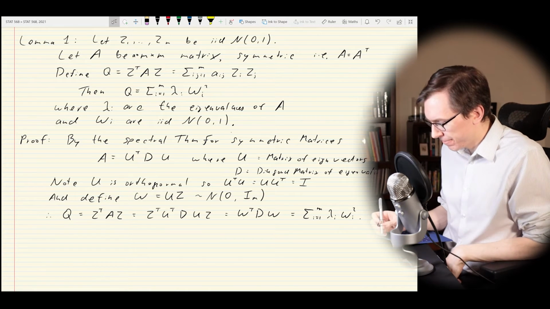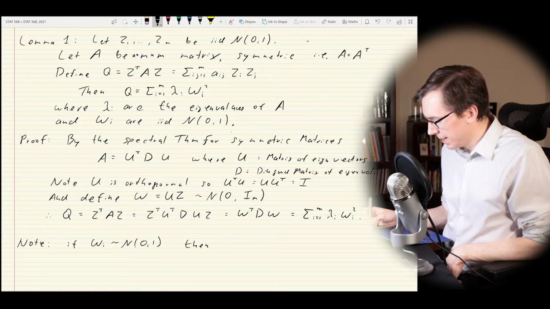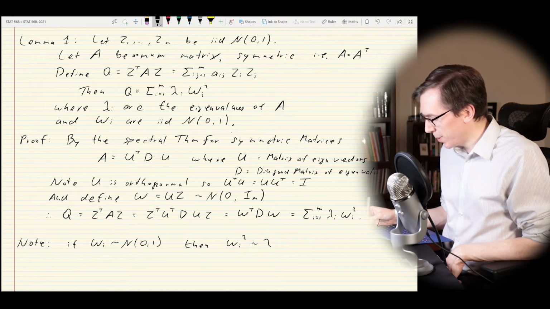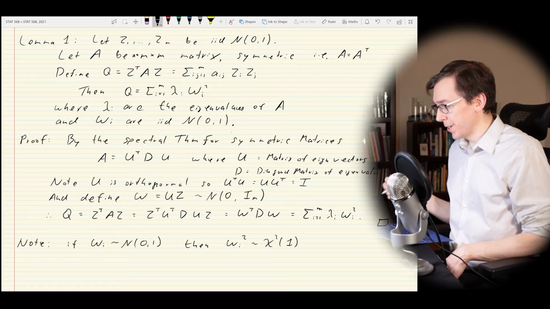And furthermore, note that if W_i is normal 0, 1, then W_i squared is chi-squared with 1 degree of freedom. That's where we get our chi-squared with 1 degree of freedom from.